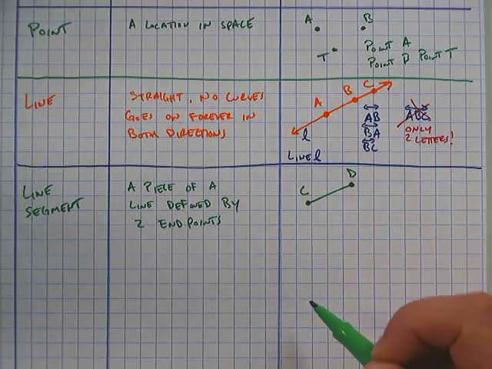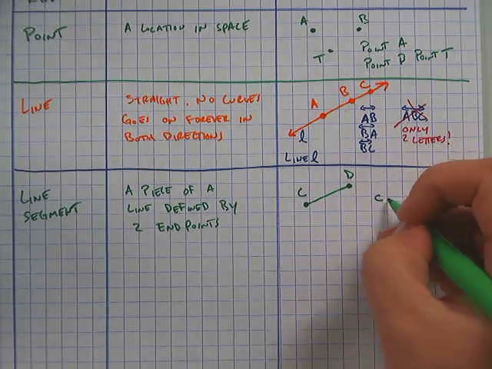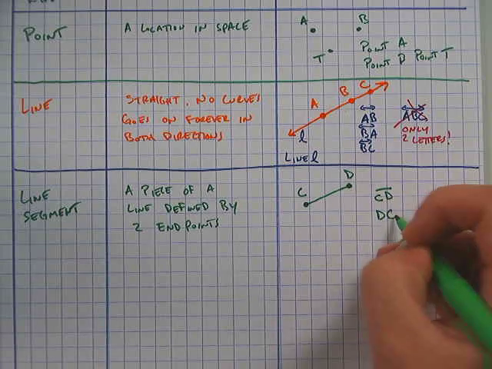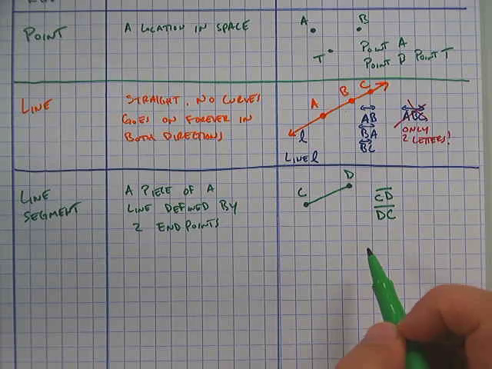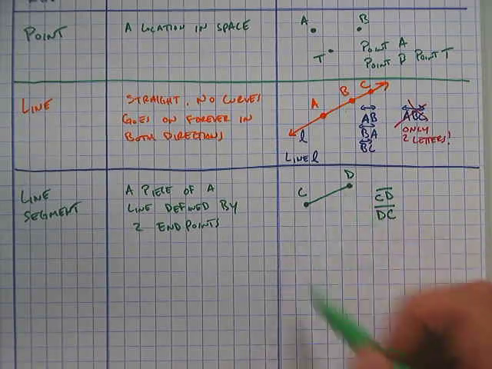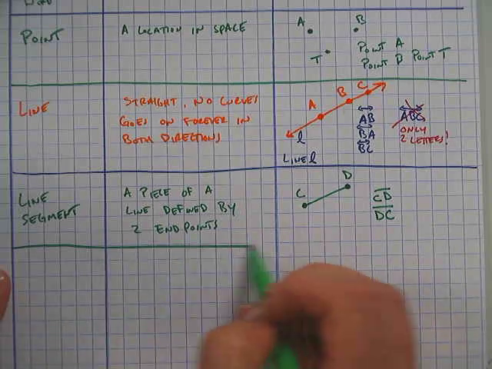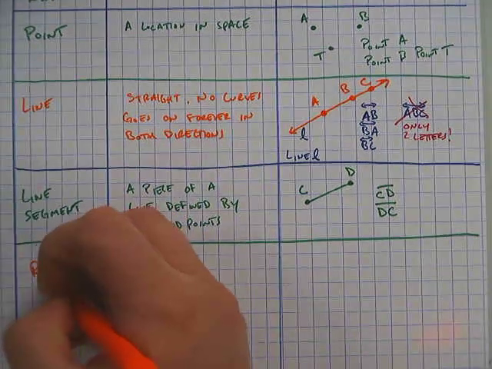It has two endpoints. It does not have arrows on the ends. And we'll say that those points are point C and point D. Okay. So then we could call this line segment CD, or we could reverse the letters and call it line segment DC. And when we label it, we put a little line over the top with no arrows. Okay, so only two letters. It's each of the endpoints. Okay, that's a line segment.